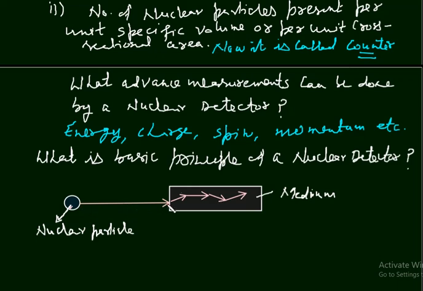This nuclear particle is passing through this medium in this fashion. When it passes through this medium, it interacts with the atoms or molecules of the medium with different modes, and one of the modes is that this nuclear particle may cause excitation or ionization of the atoms or molecules of this medium. It means the first is excitation or ionization.